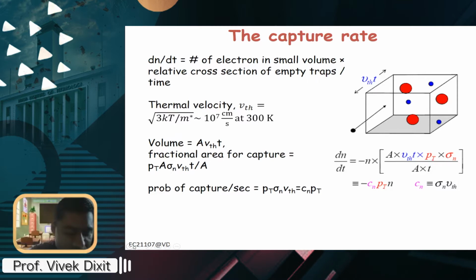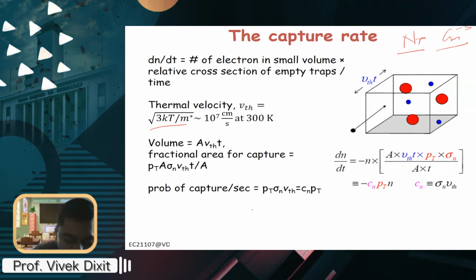So capture is basically done by the trap states, the trap energy levels. Let's say the density of traps is capital NT, and density is of course per cubic centimeter. Now electron velocity is determined by the temperature.